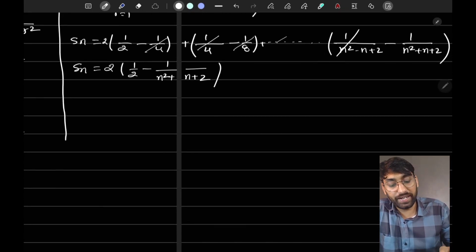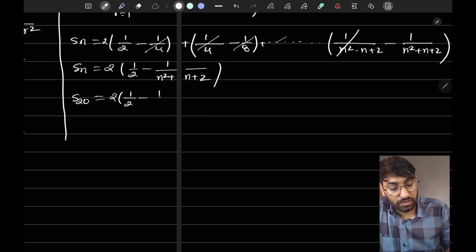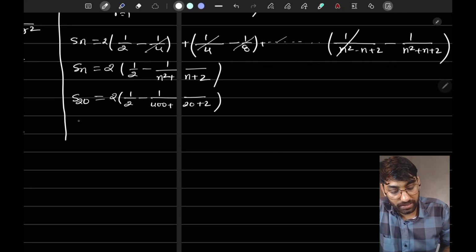Now what I need to find? I need to find S20. So for S20, substitute n equal to 20. So what I will get? 2 into 1 by 2 minus 1 upon 20 square is 400 plus 20 plus 2. So I will get my S20 as 2 into 1 by 2 minus 1 upon 422.